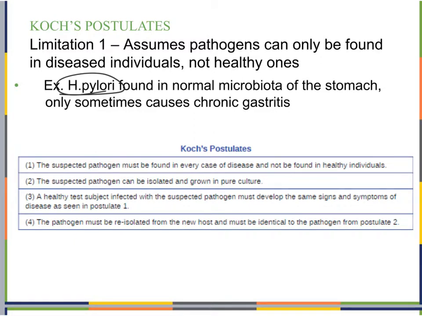Let's look at somebody that doesn't have a stomach problem, and then they swab the stomach, they get bacteria, and then they're able to grow that same organism. Then they wouldn't be able to say, okay, that person is diseased, and that's due to this organism, because this other person has that same organism. So then that's a limitation. We just assume this.